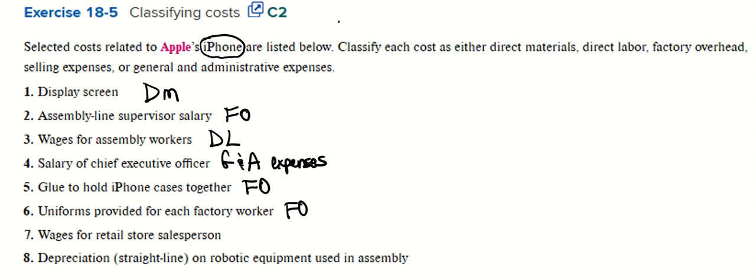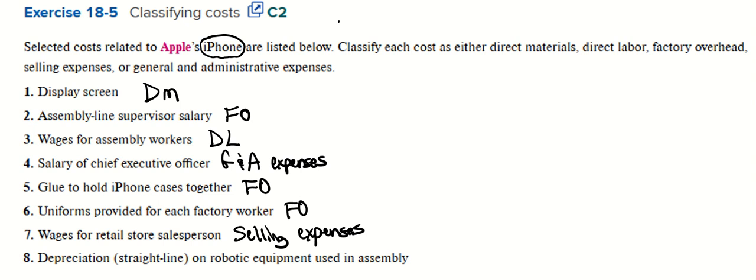Number 7, wages for retail store salesperson. This is going to be selling expenses. The reason is that the wages for a retail store salesperson, it says it right there, salesperson, are for the ones actually trying to go out there and sell the product. When they sell the product, the business generates revenue, and you have to match the expenses or costs that went along with generating that revenue. So a salesperson's cost is aligned with the revenue that was generated.